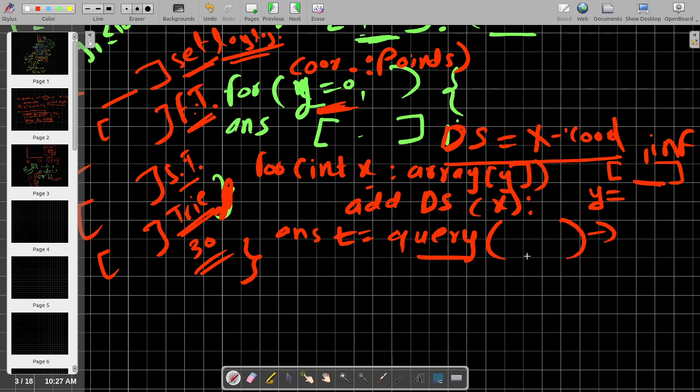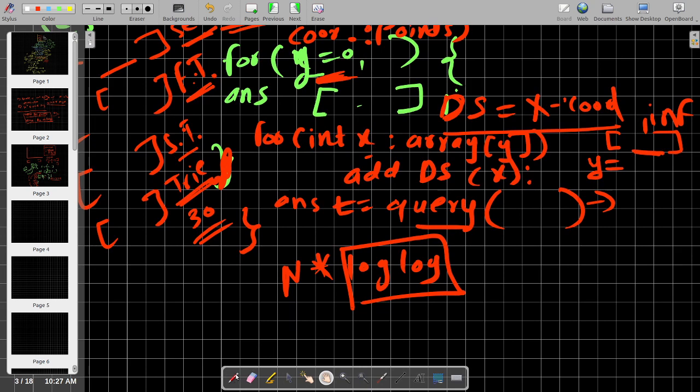So we are querying on the data structure. This way we achieve n times log, or depending on the query complexity. And don't worry about this: even if you are iterating through points, total points are at most 10 to the 5, so the total summation complexity will be 10 to the 5 only.